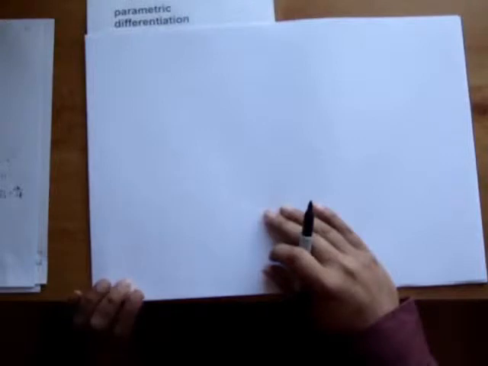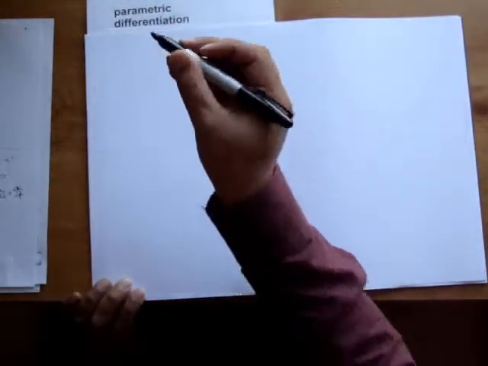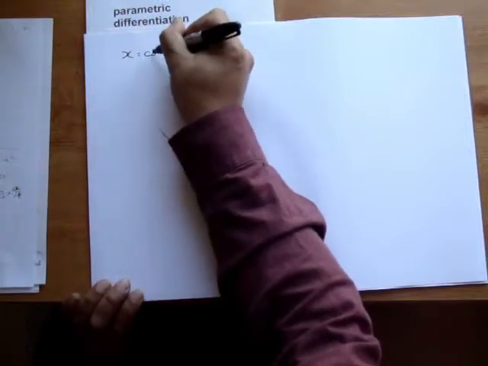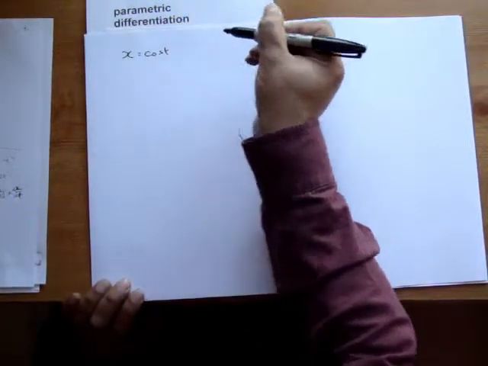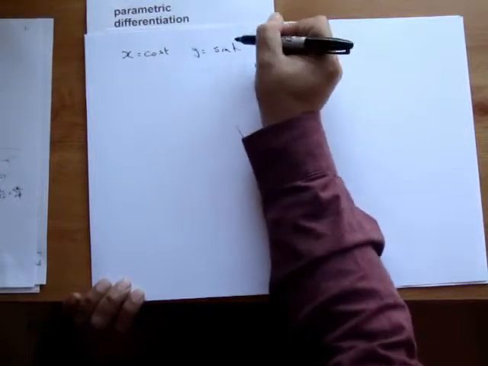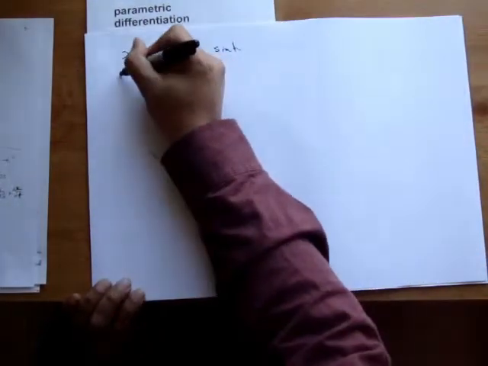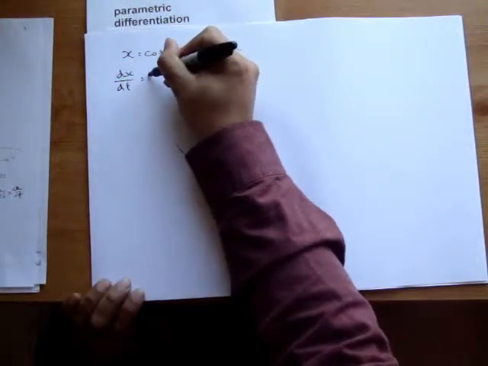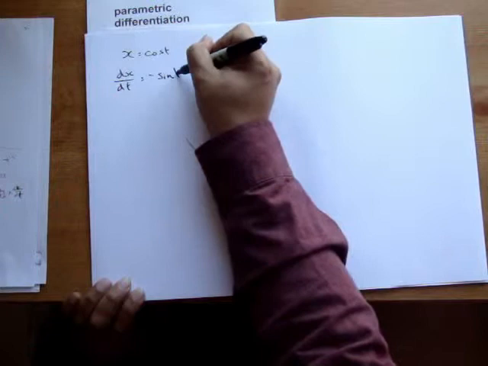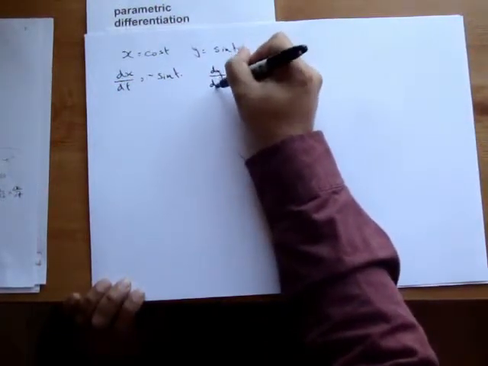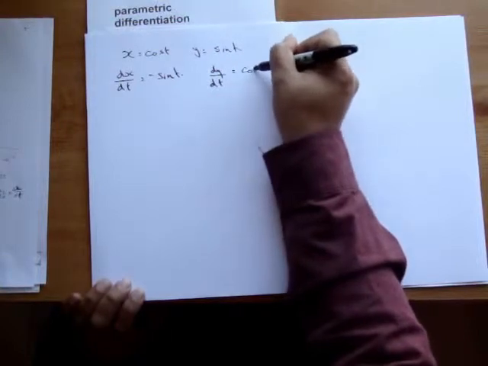Quick examples of parametric differentiation and applying the rule. If we have x equals cos t and y equals sin t, dx by dt becomes minus sin t when we differentiate cos t, and dy by dt is cos t.